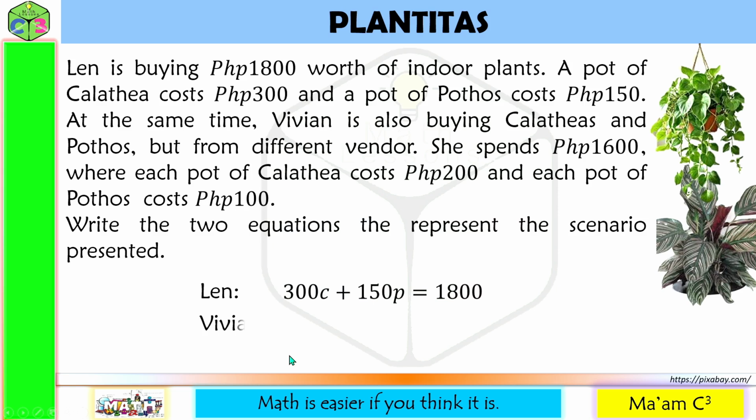While for Vivian, each pot of calathea costs 200 pesos, so that would be 200C, and each pot of pothos costs 100 pesos, so that would be 100P. So 200C plus 100P is equal to 1,600.